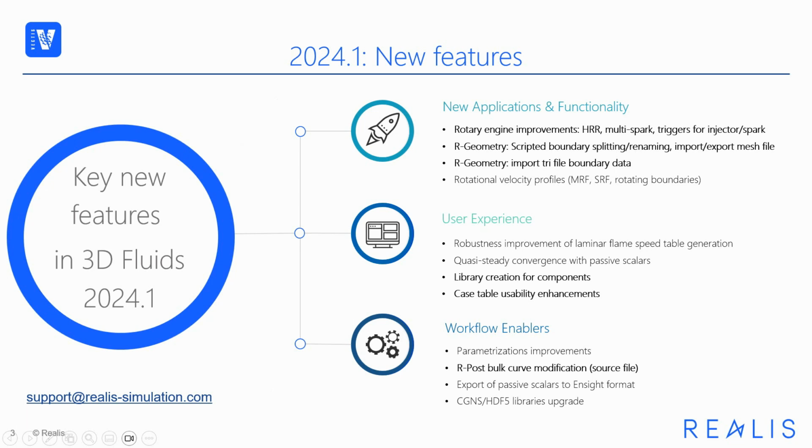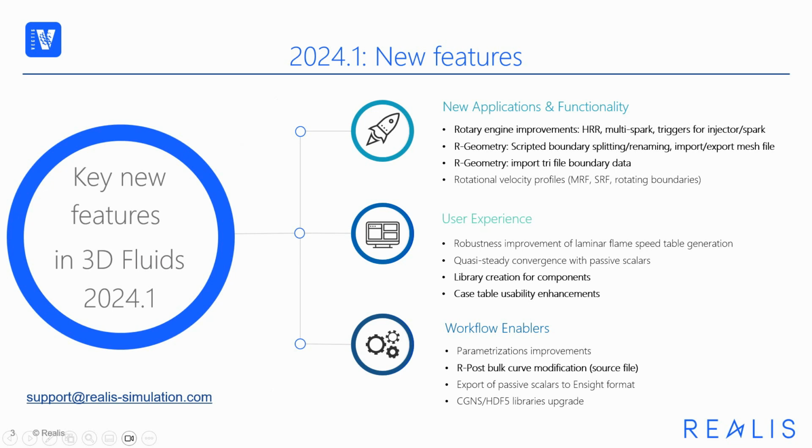In the user experience category, a number of improvements are released. These include post-processing robustness improvement for flame speed table generation, leading to more accurate tables. This also includes a significant speed-up of quasi-steady-state simulations, including passive scalars, obtained through automatic selective equation disabling.